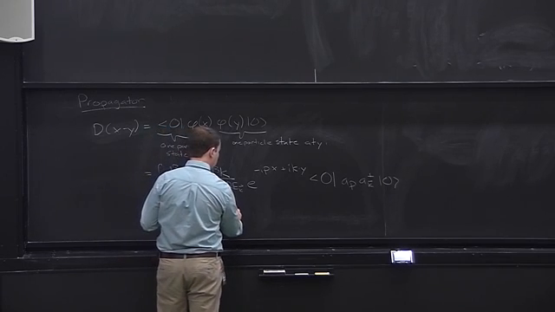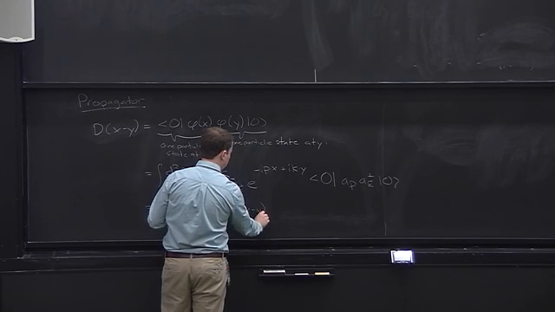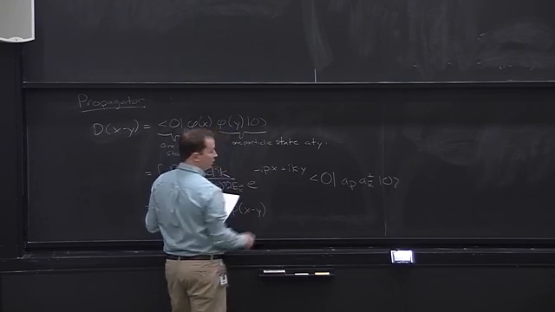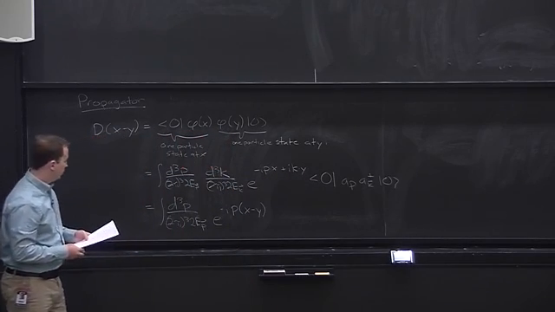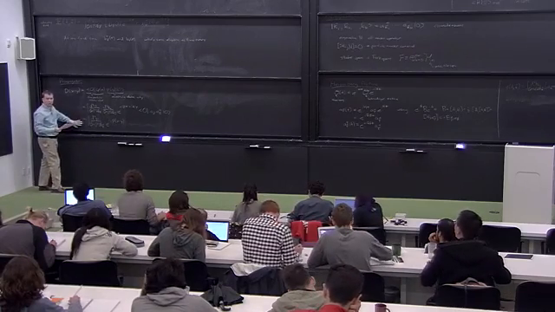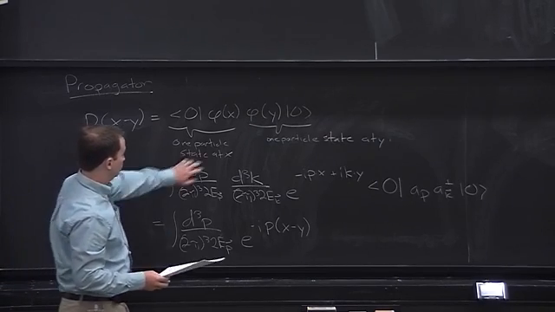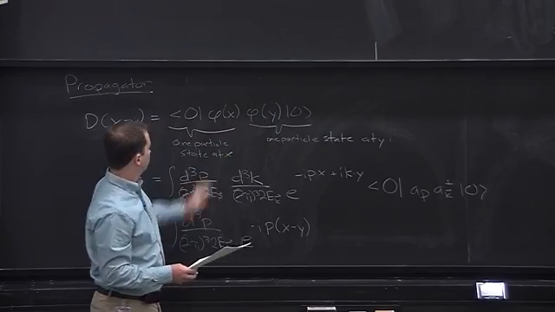We have e to the i p dot (x minus y), where k just becomes p from the delta function you get from the commutator. Okay? So this is the amplitude for a particle to propagate from y to x.